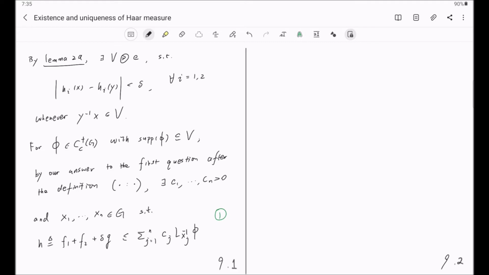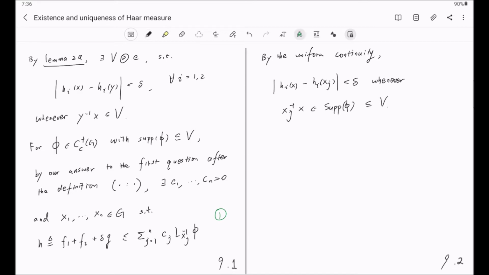By the uniform continuity, we have h_i of x minus h_i of x_j is less than delta whenever x_j inverse times x is in the support of phi, which is contained in V. This is just a special case of what we did in here. And we'll call this small result number 2.